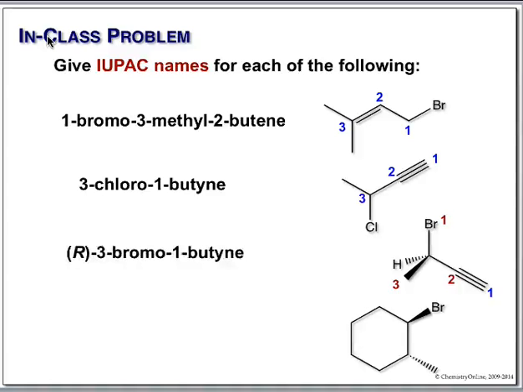And finally, our last guy is going to be a cyclohexane. We have 2 chiral centers we have to deal with. This is going to be carbon number 1 because it's a bromo. Carbon 2, we have a methyl. Now looking here at carbon 1, our highest priority is going to be the bromine.